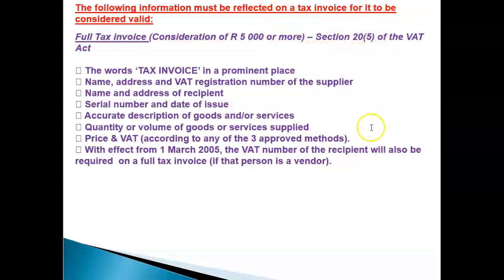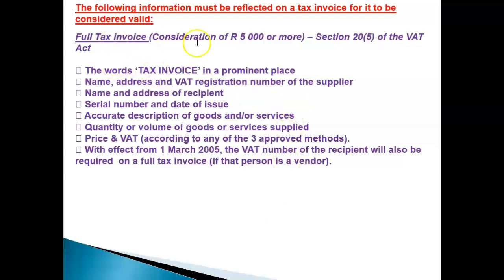Now, you have seen in the previous slides when we talked about the accounting cycle and transactions, we spoke about invoices. And in one of those slides, I gave you examples of invoices. So I wanted to go back to that specific slide and just check what the invoice is looking at. Now that was all of them except for the cash register one, which were full tax invoices.